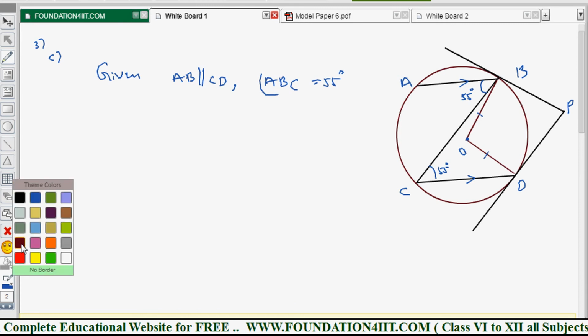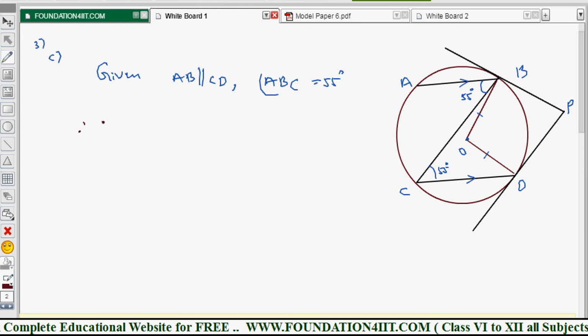So according to the question, angle BCD is equal to angle ABC, that is 55 degrees, because alternate interior angles are equal.